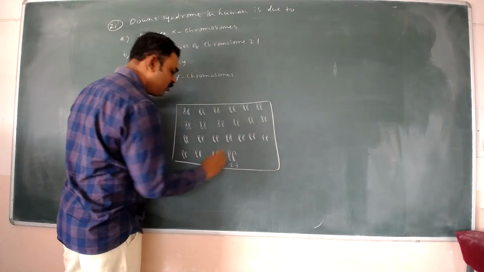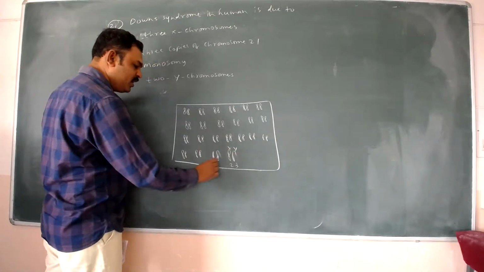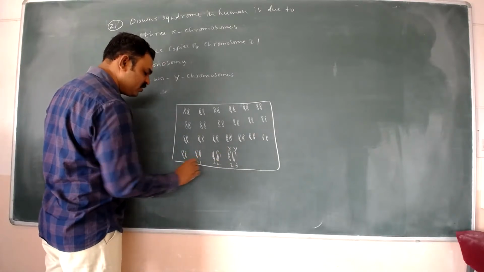There are 23 pairs of chromosomes. One pair is the X and Y chromosomes. This is the 22nd, and this is the 21st chromosome.